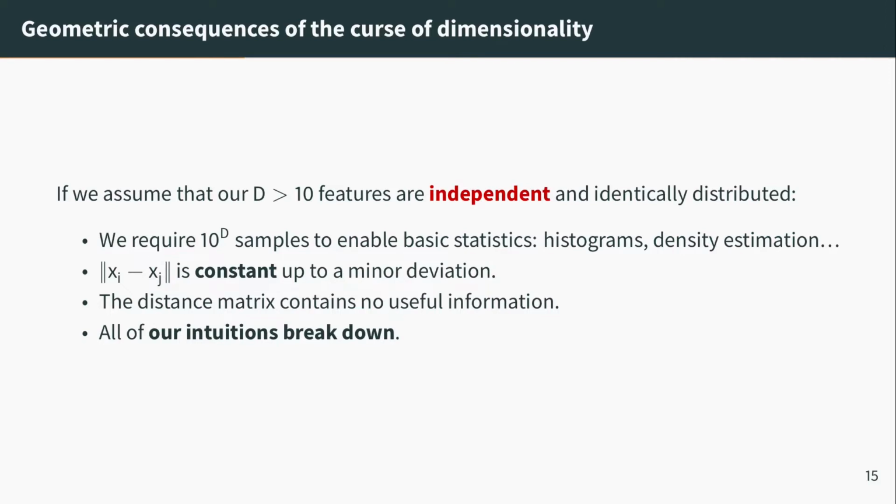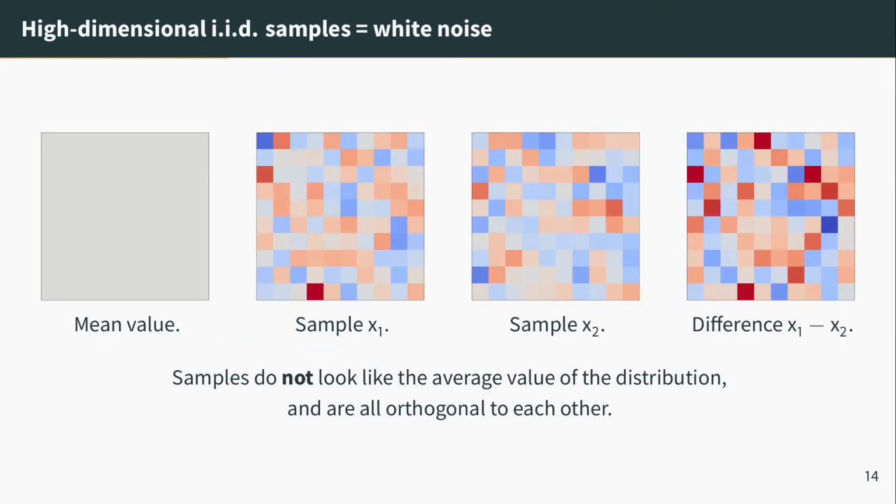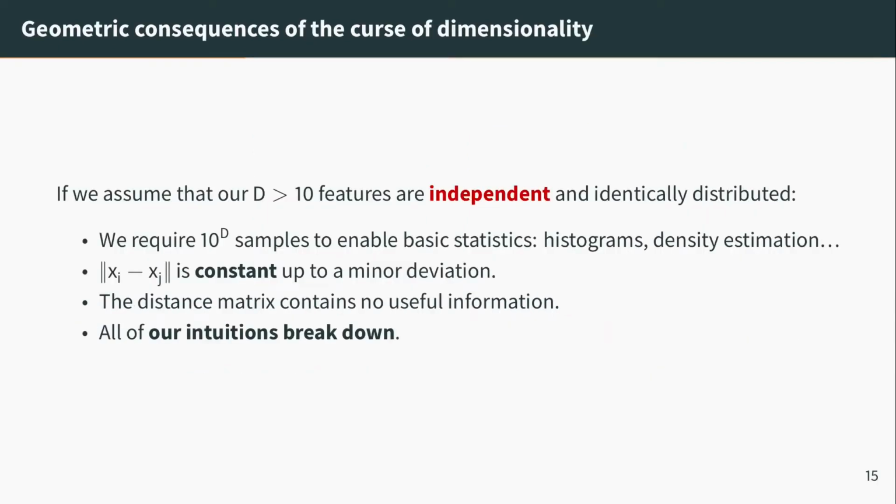So if you assume that you have D features, more than 10 features, and that they are independent and identically distributed, then you get this kind of behavior, which is what you can call the geometric curse of dimensionality, a complementary perspective to the statistical curse of dimensionality on overfitting that we saw just 10 minutes ago.